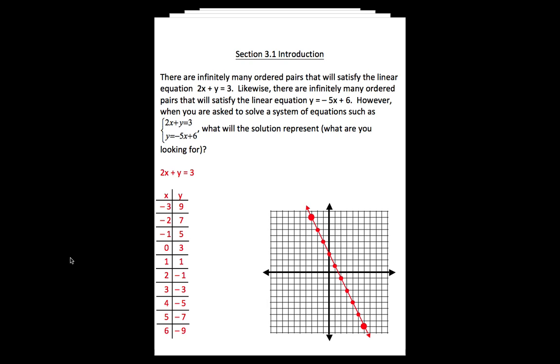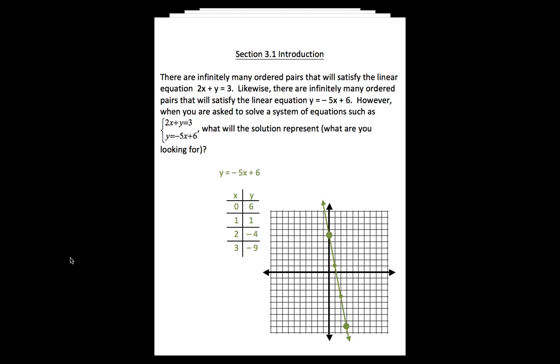Then we drew arrows on the ends of the lines to signify that those lines will go on forever, meaning there are more ordered pairs than just the ones that we plotted that represent solutions of that one linear equation. And when we looked at linear equations in the form y equals 5x plus 6, it was the same idea. We were able to take that equation, find any one whole numbered ordered pair as a start point, and use the slope to find all the others that would fit on the graph.